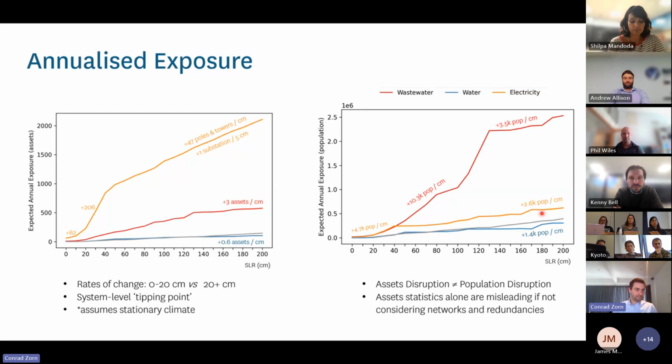So these more remote areas, bringing in the electricity poles and things like that along little coastal roads, getting to communities that are actually affecting them in terms of their access and their infrastructure supplies. So looking at asset statistics alone, just looking at exposure of assets, is a bit misleading in terms of the actual number of people affected.